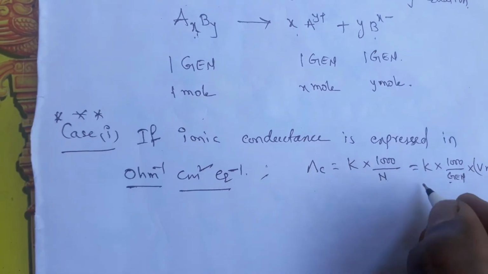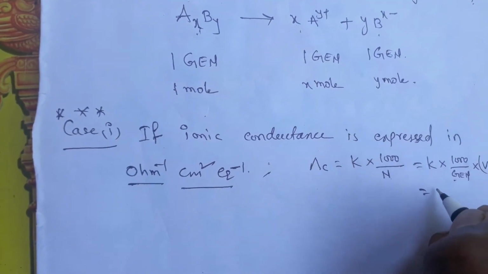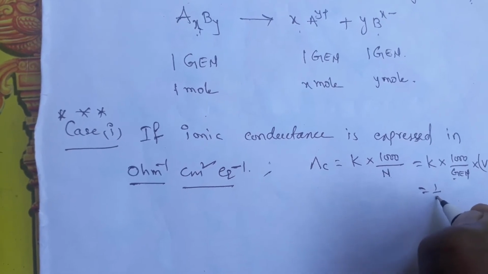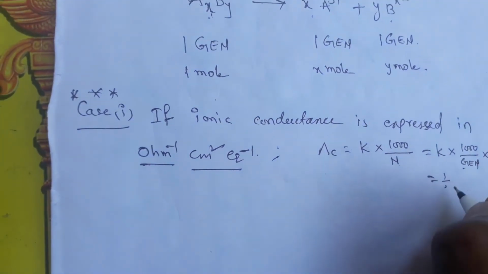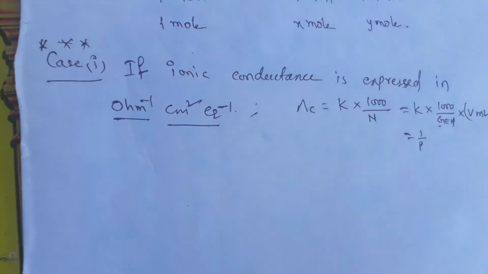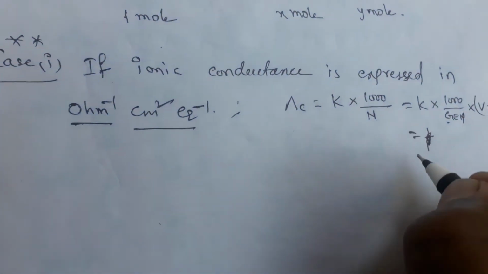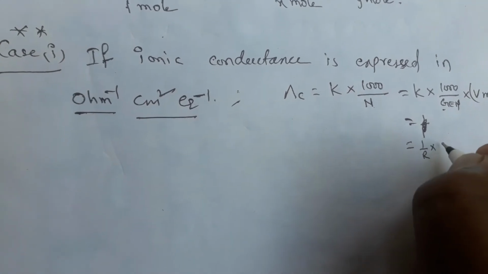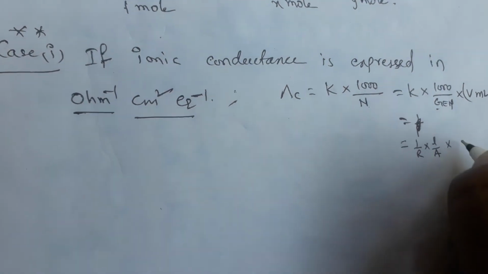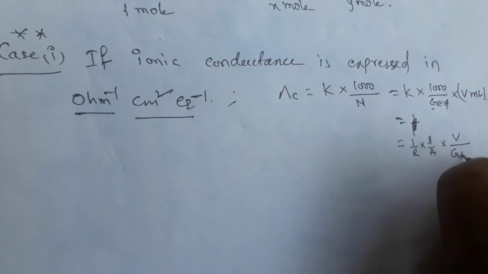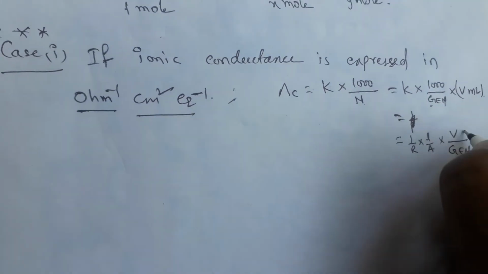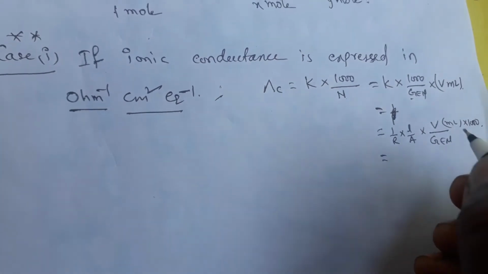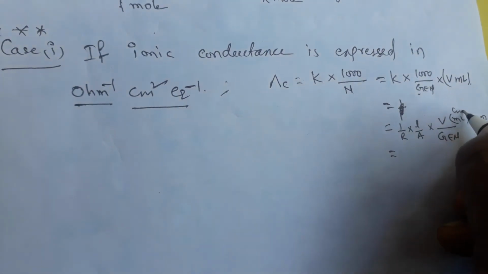If I write K, the specific conductance, as 1 by rho into l by A, so kappa is equal to 1 by R into l by A into V in ml by gram equivalents into 1000, in centimeter cube.